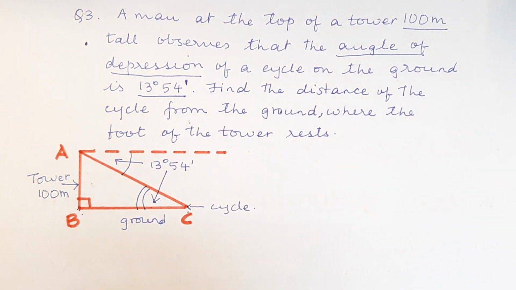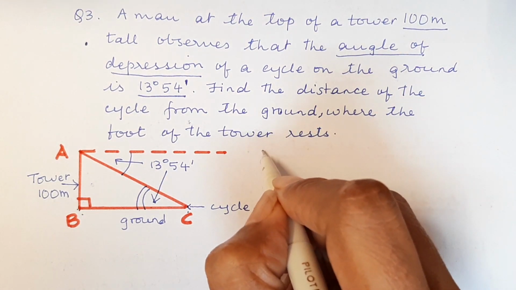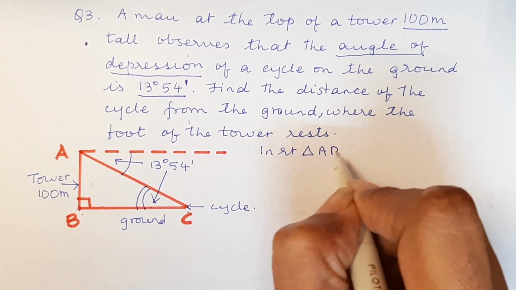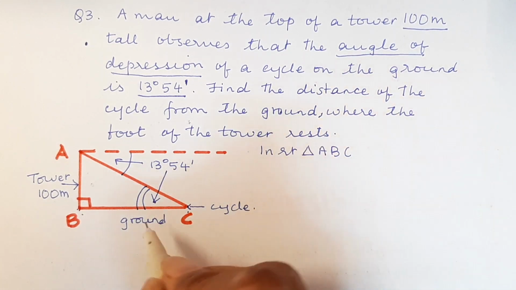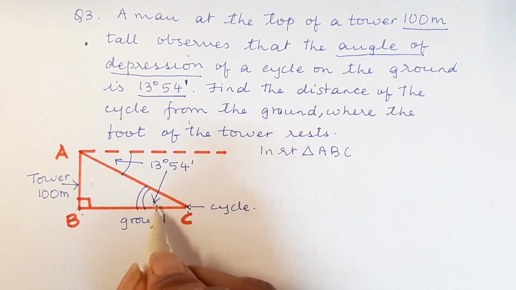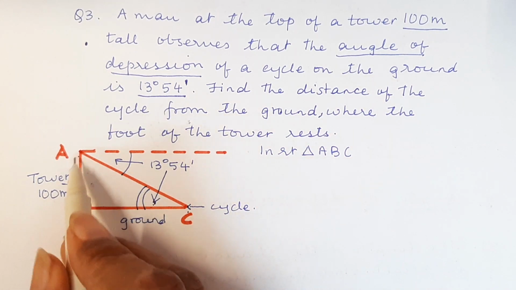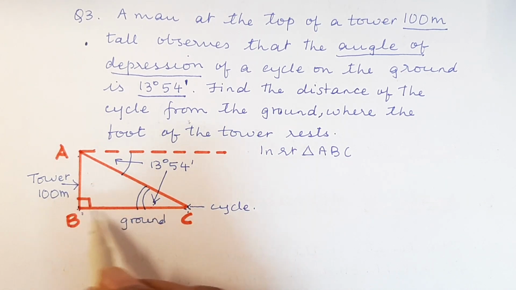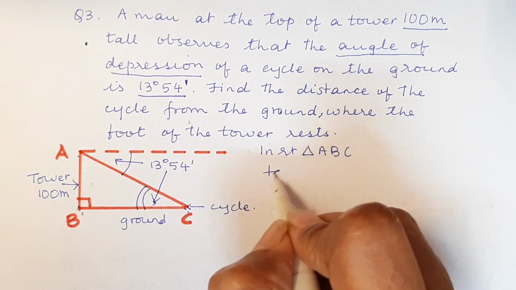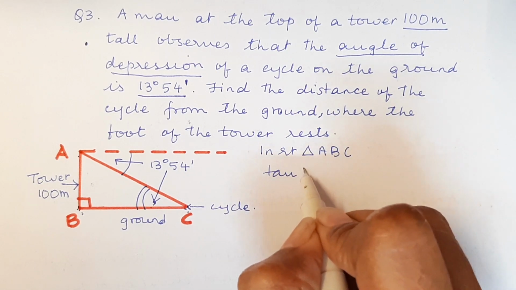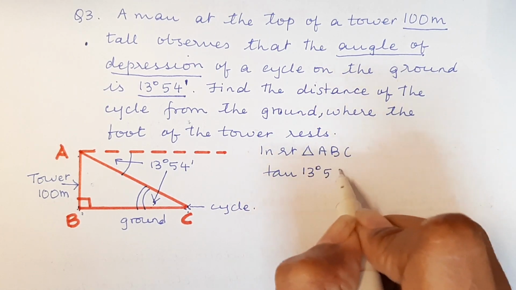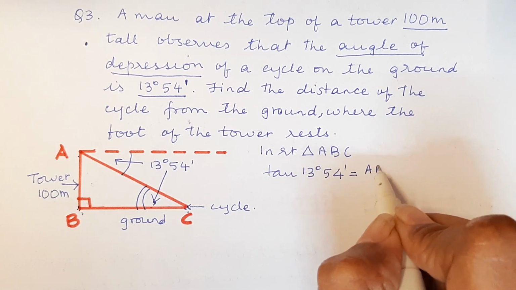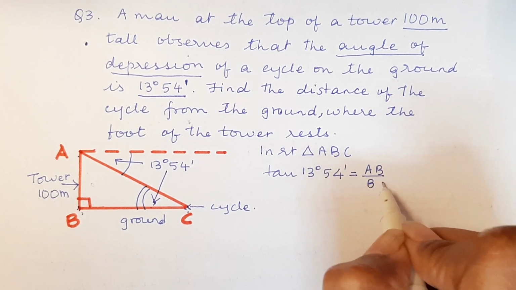Again, in right triangle ABC, we take the angle C, for which AB is opposite and BC is the hypotenuse, which means AB upon BC is the tan ratio. So tan of 13 degrees and 54 minutes is going to be AB upon BC.